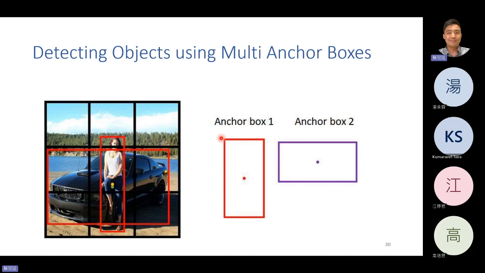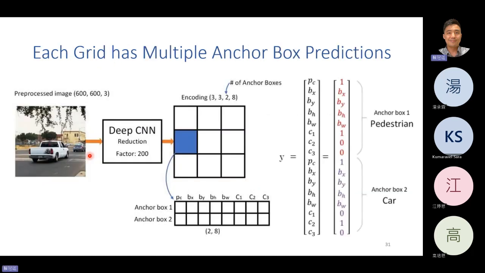The authors ran k-means. They found that human pedestrians will have a vertical rectangle, however, the car will be a horizontal rectangle. So they design different bounding boxes, anchor boxes, and each grid can have multiple anchor boxes. Also, if you want to detect small objects, you just add a lot of small anchor boxes.